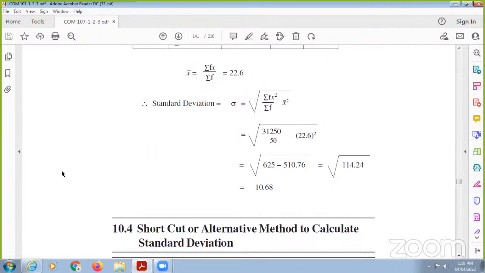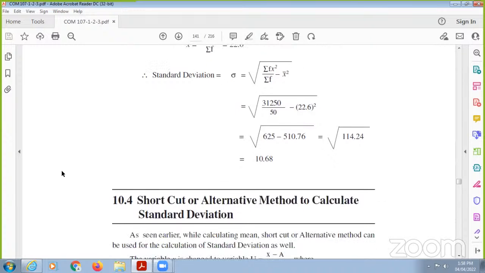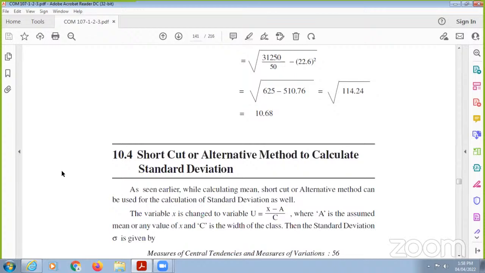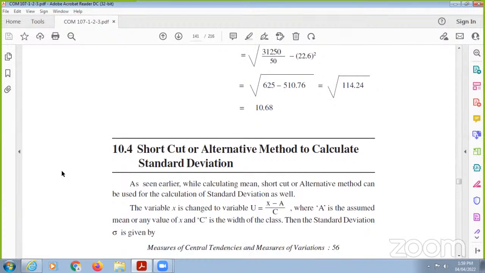Now there is also a shortcut method, and an example is given for the shortcut method. That means sometimes an alternative method can be used for calculation of standard deviation. In the shortcut method, u is taken as x minus a, the assumed mean, upon c. A is the assumed mean or any value of x, and c is the width of the class.